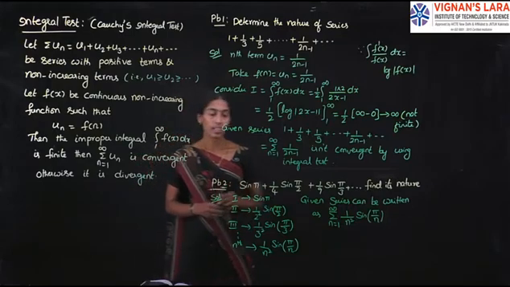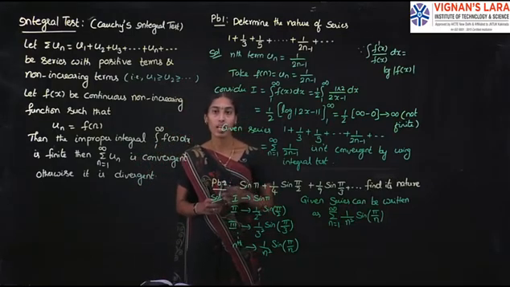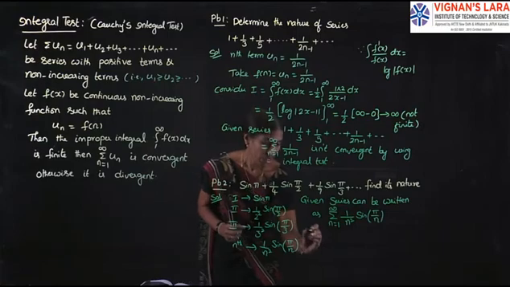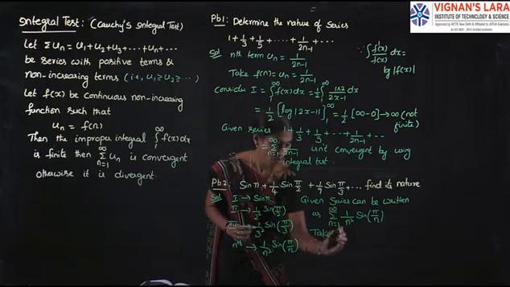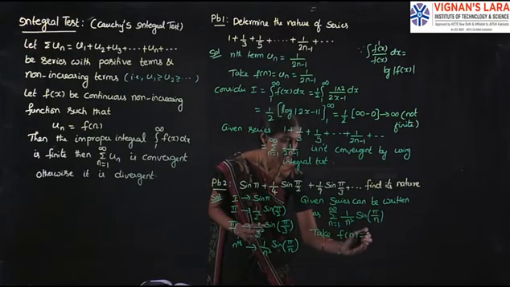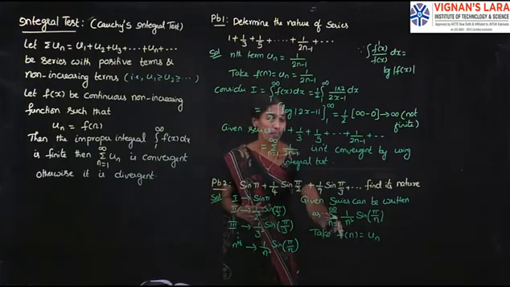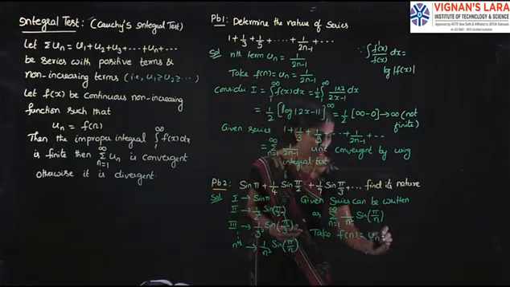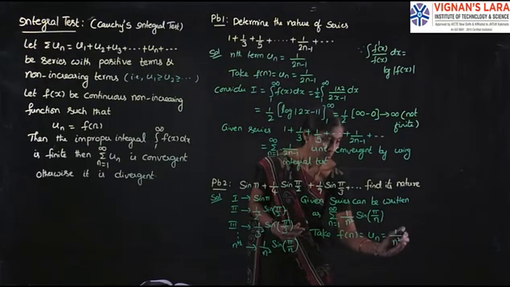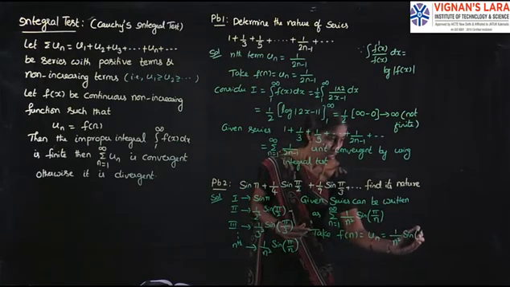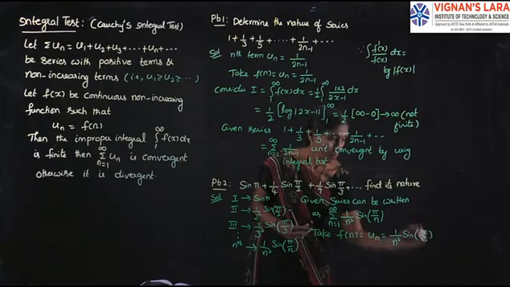To decide that, we have to choose f of n. So how can we take f of n or f of x? F of n is equal to nth term un. Un is the term after this sigma. What is the term? 1 by n square sine of pi by n.